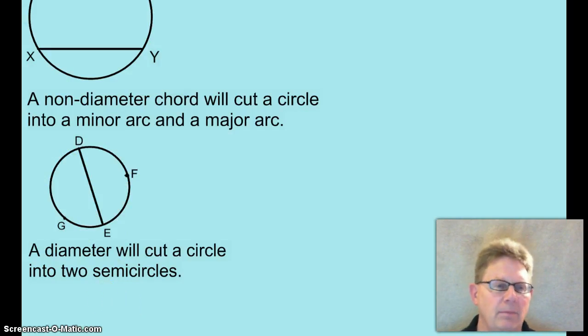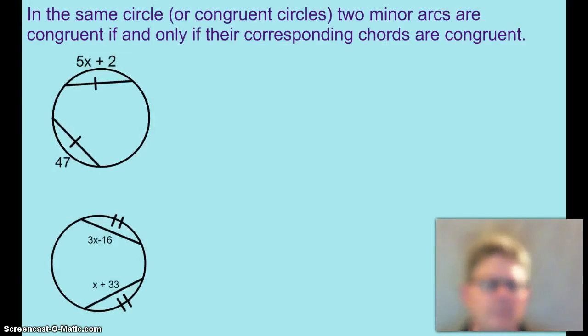Alright, here come some properties of chords. These are theorems. In the same circle, or congruent circles, two minor arcs are congruent if and only if their corresponding chords are congruent. So if you know that two chords in a circle are congruent to each other, then the arcs are congruent to each other.